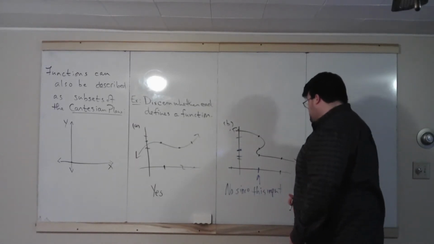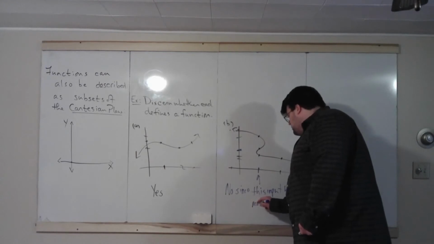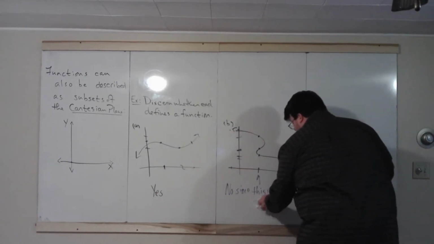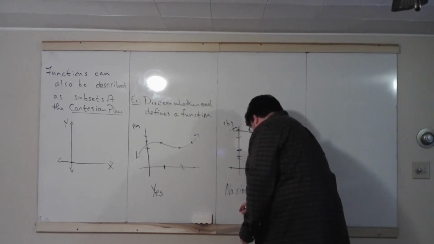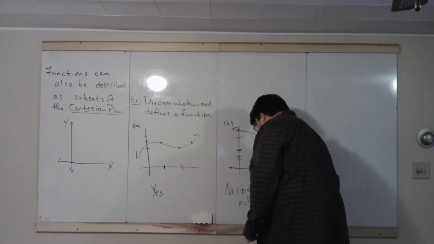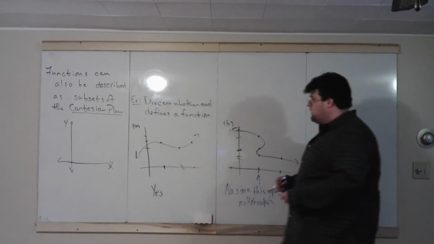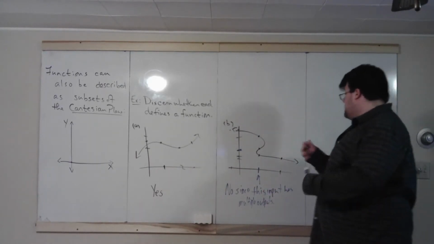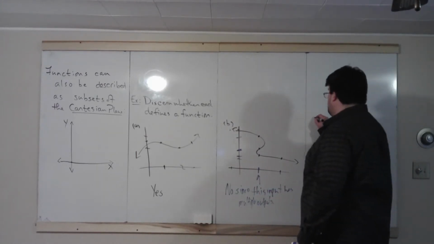This does not define a function, since this input has more than one output. I should probably say multiple outputs, because that's what I said in the first example. So we needed an input to go wrong. That input did go wrong.